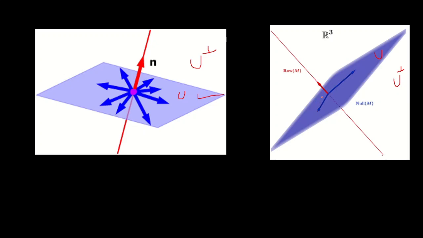So all the vectors in this plane are perpendicular to this vector. So that is the orthogonal complement of vector spaces. Okay, thank you.